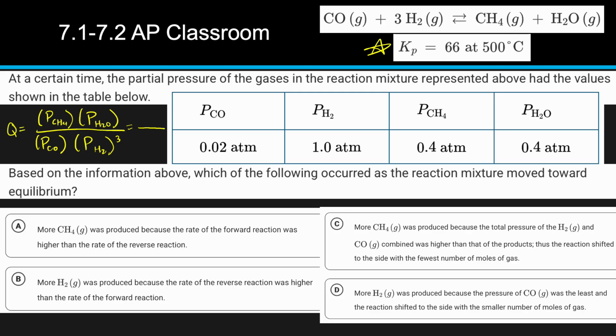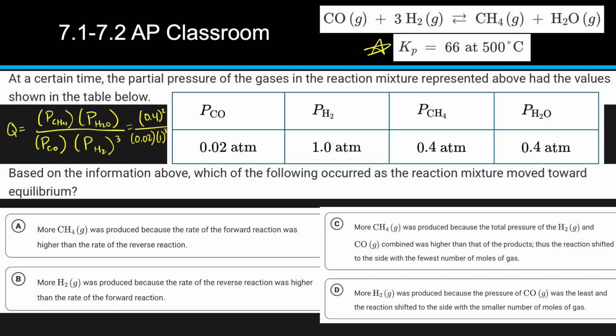Now plugging in those values, I have 0.4 times water, which is again 0.4, so we're just going to square that. Then I have CO, which is 0.02 times 1 to the third power. And then we're going to go ahead and solve for that.